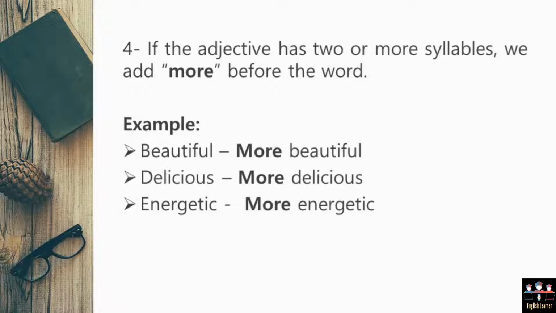So, if we have 2 or more syllables in a single adjective, we add more before the word. For example, beautiful. It will be more beautiful in the comparative adjective. Similarly, delicious, more delicious. Energetic, more energetic.